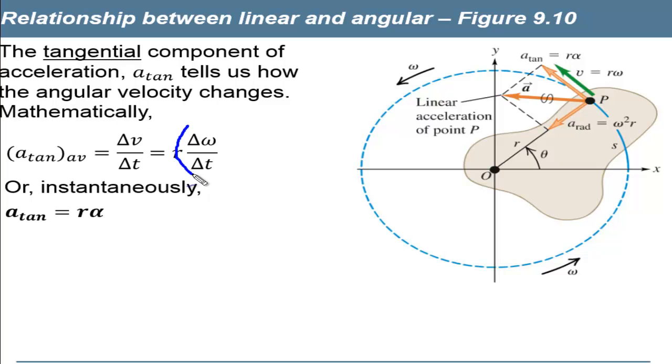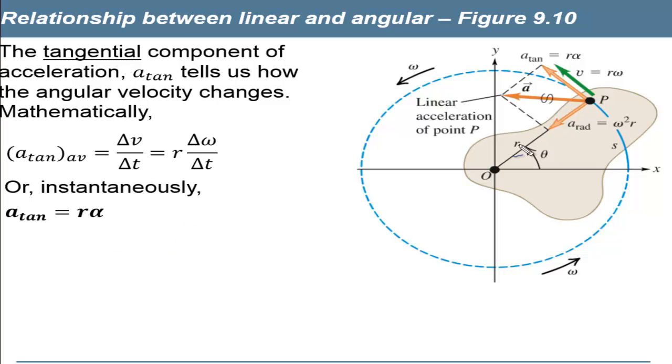So simply calling this alpha, our tangential acceleration is equal to r alpha, the radius times the angular acceleration.